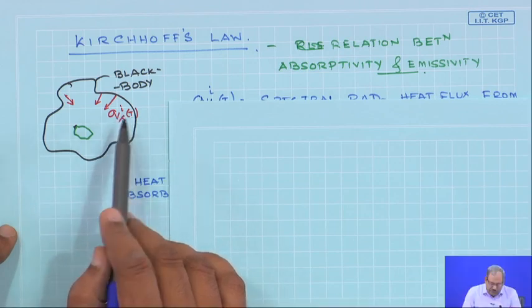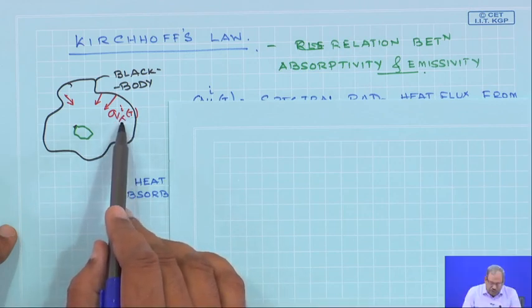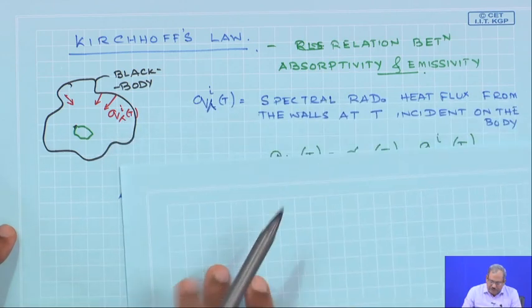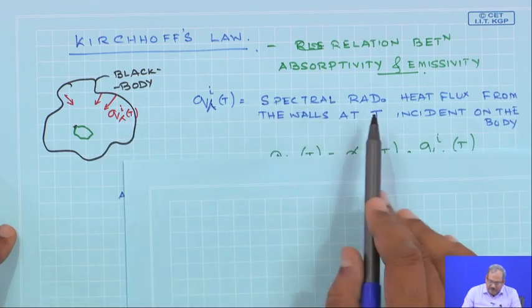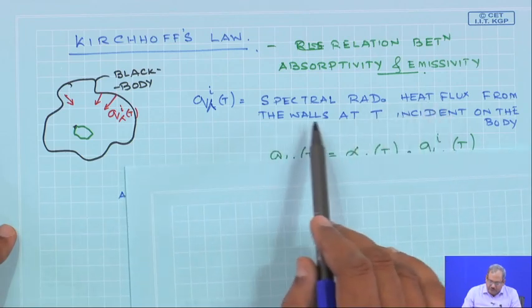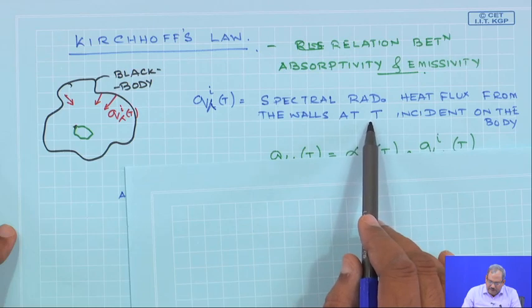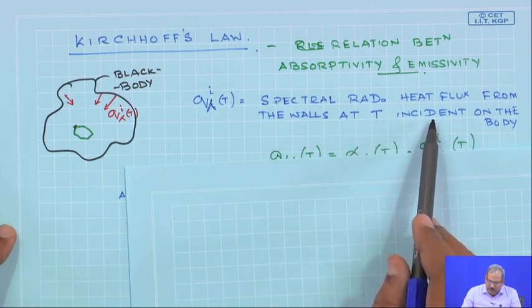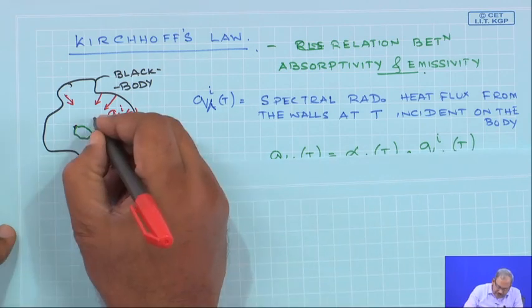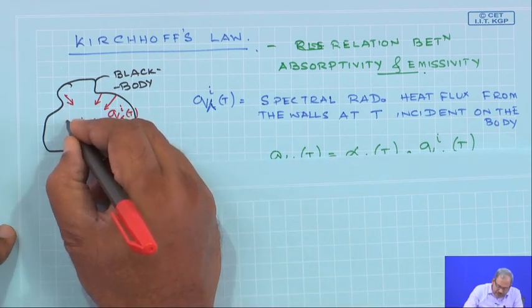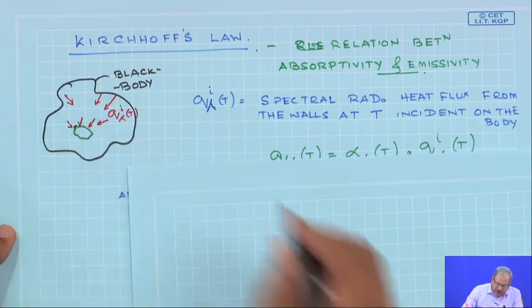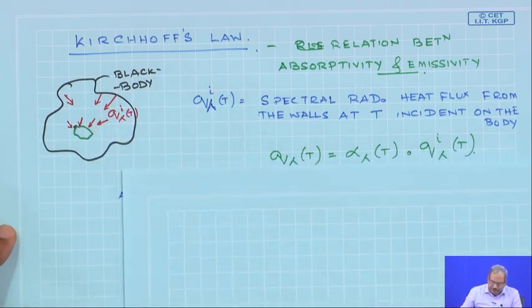I refers to the incident, lambda shows the spectral nature, and T is the temperature. So, q_I,lambda,T is the spectral radiative heat flux from the walls, which are at temperature T, incident on the body. So, what reaches the body is essentially q_I,lambda,T.